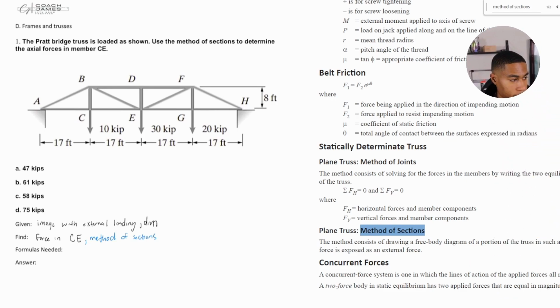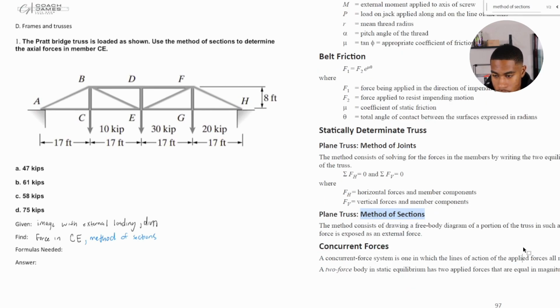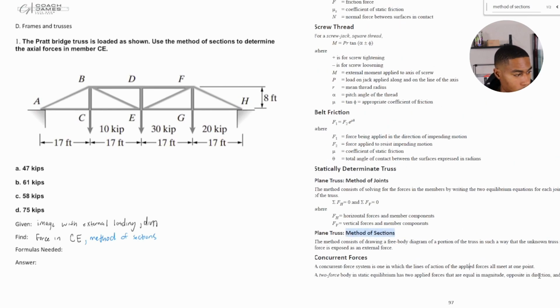So this one says, for a plain truss, the method consists of drawing a free body diagram of a portion of the truss in such a way that the unknown truss member force is exposed as an external force.